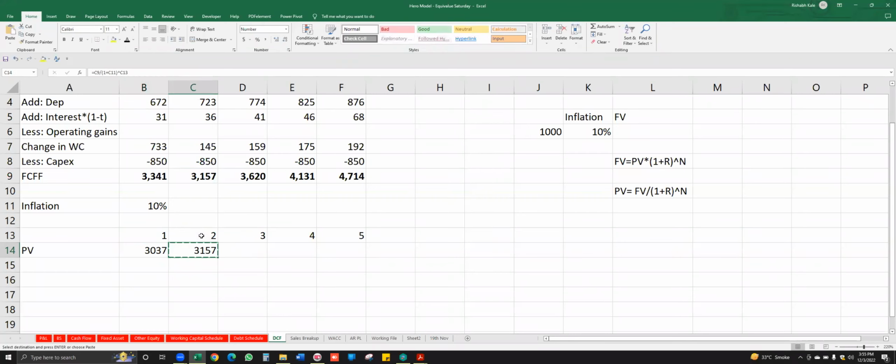So I freeze this row and just copy this. Fine. That's it. This is the present value of your FCFF. Now when you add all this, you get the sum. You add all this.